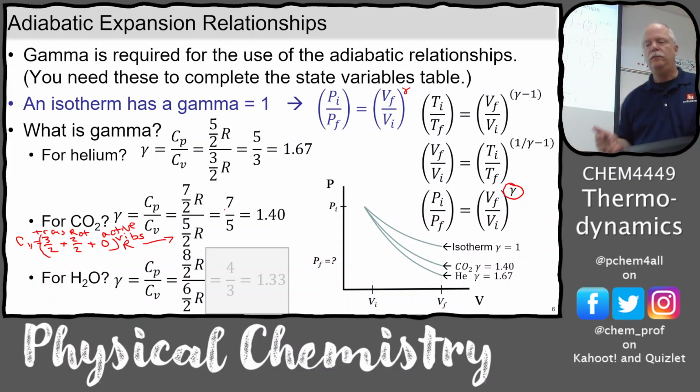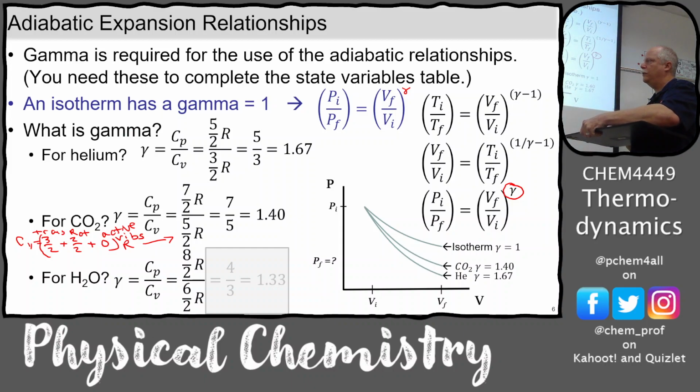So for water, let's see if I can write this down here. If I try to write down here, I'm going to get into my little tools area, so I'm going to have to write it up here. For water, we have 3 halves for translation and 3 halves for rotation, plus 0 for vibration.